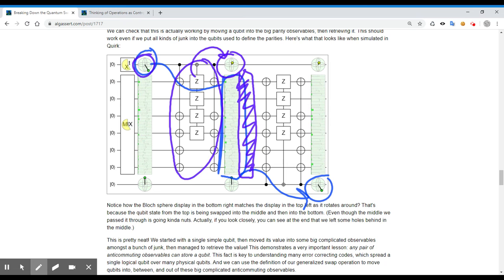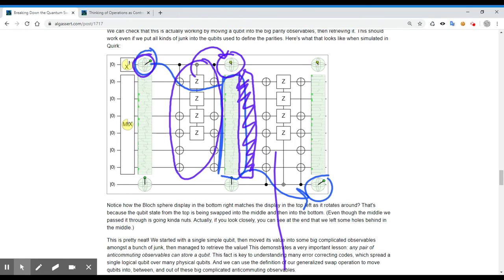So swapping can be generalized into a super interesting way of encoding things. That's pretty crazy. It's totally not intuitive. Okay, so swapping is not just flipping the cables in this case.